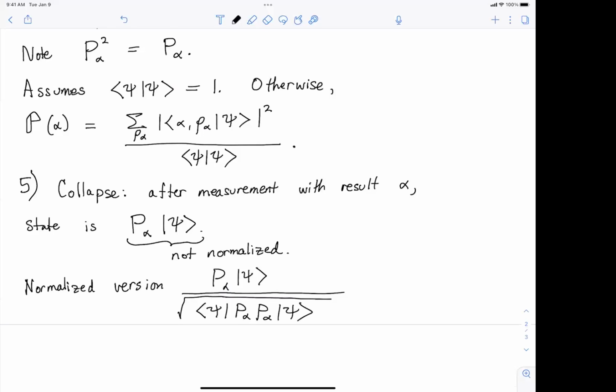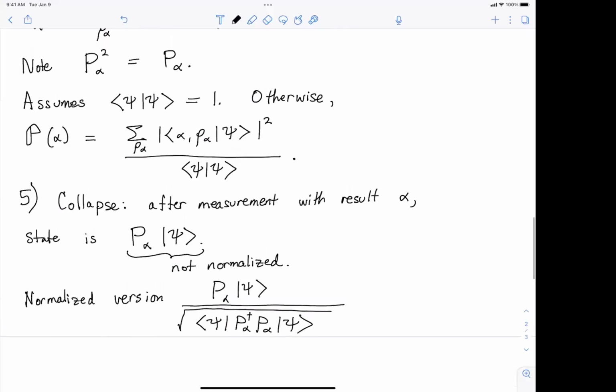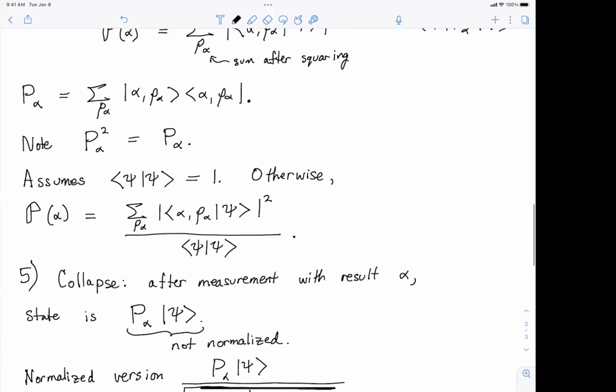So technically, when I wrote that down, when I compute the inner product, I should have maybe written P alpha dagger there, but it doesn't make any difference because another property of P alpha, maybe I should have written this up here, also P alpha dagger is P alpha. In other words, it's Hermitian.